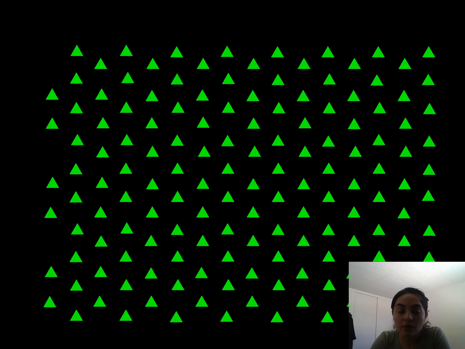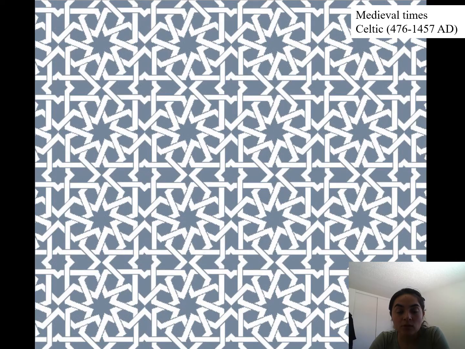And if we were to turn off the lights, we would see this arrangement or lattice of the repeating pattern or repeating motifs, which you can think of as atoms, the arrangement of atoms within a crystal structure. The second would be looking at this medieval pattern.